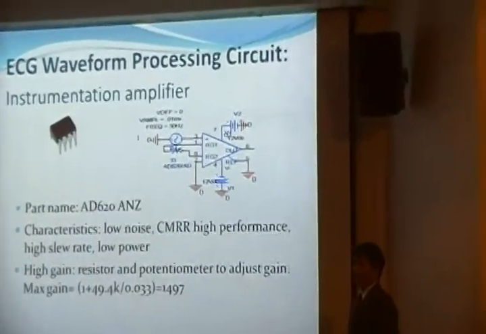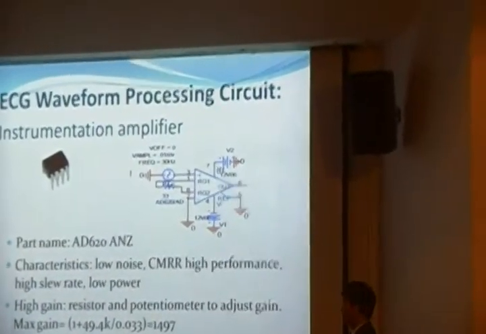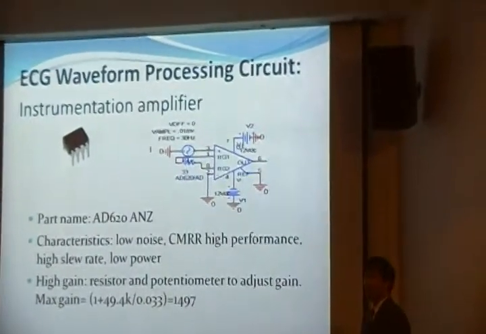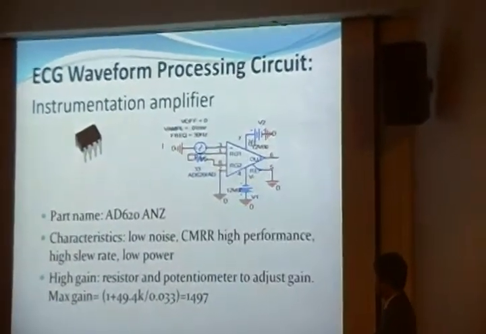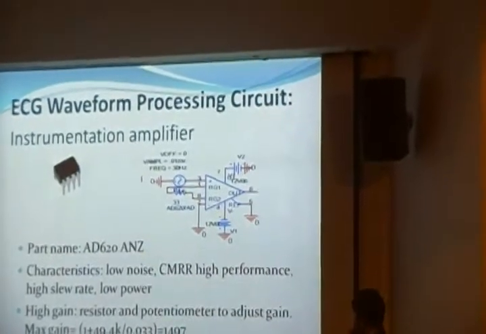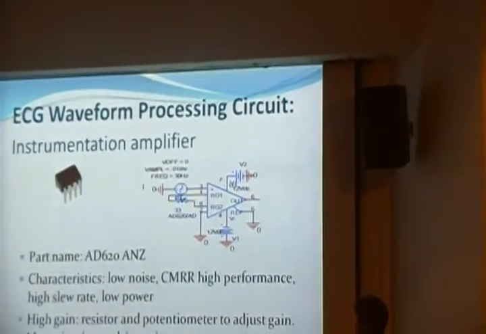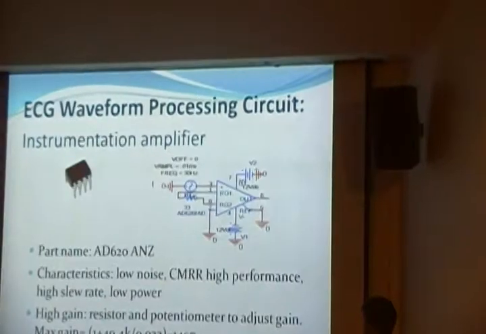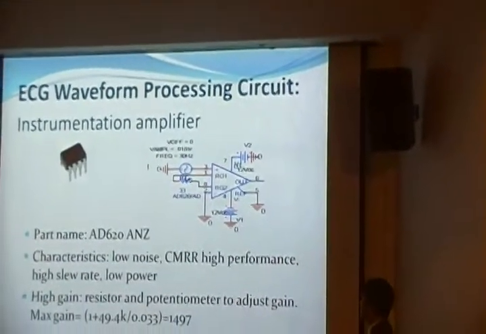The gain can be set from 1 to 10,000, but here we limit the gain to 1,500 with the resistor.